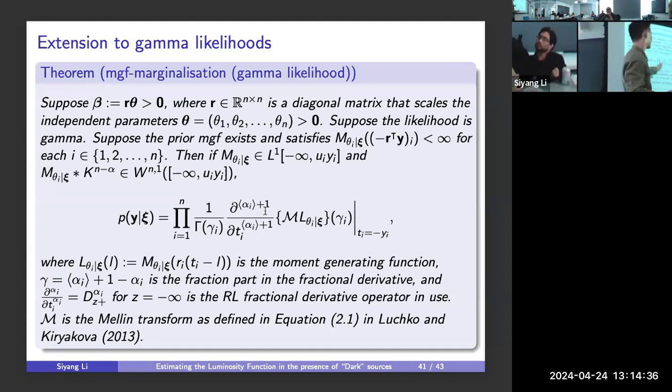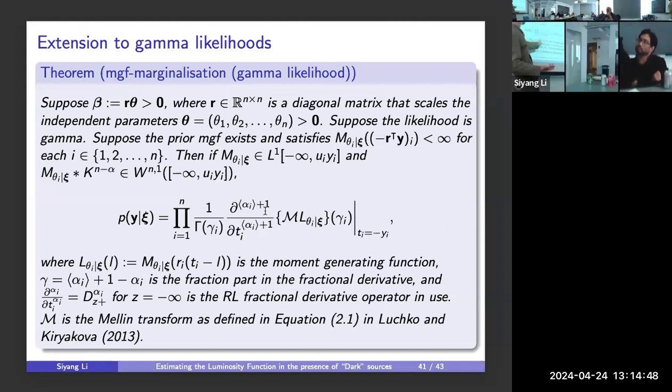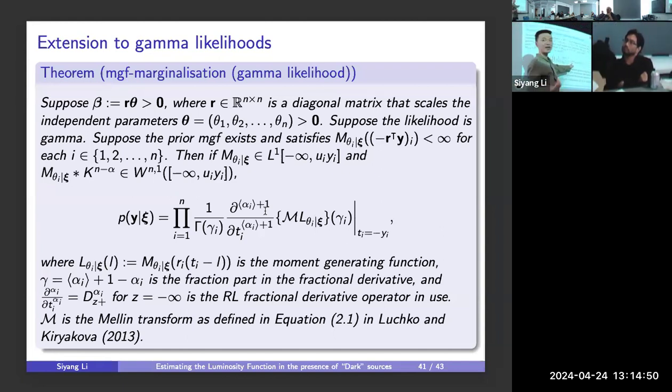But as a result, we can find the model marginalization integrals for gamma likelihoods in such a way that this arrow here is just the moment generating function, but transformed on some scales, and then the M is the Mellin transform. This is a derivative, but because the alpha, the shape parameter in gamma distributions, can be fractional, we had to use a fractional derivative, and that's why there's a Mellin transform.